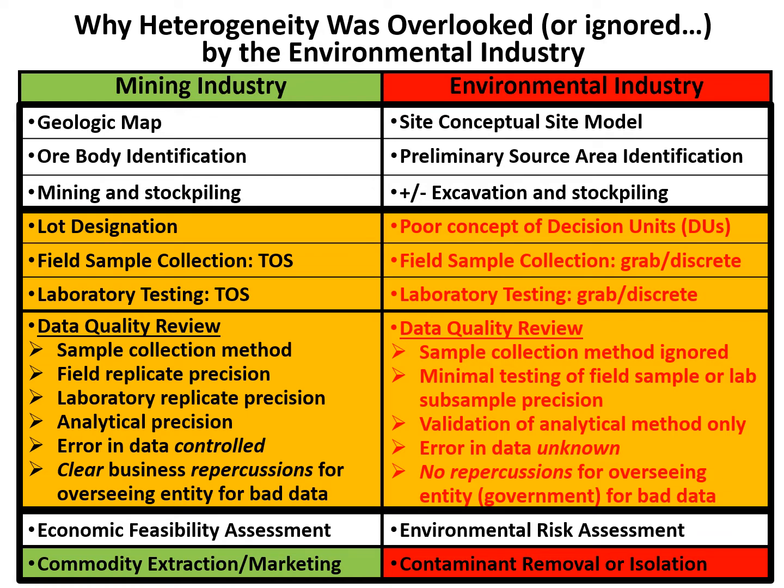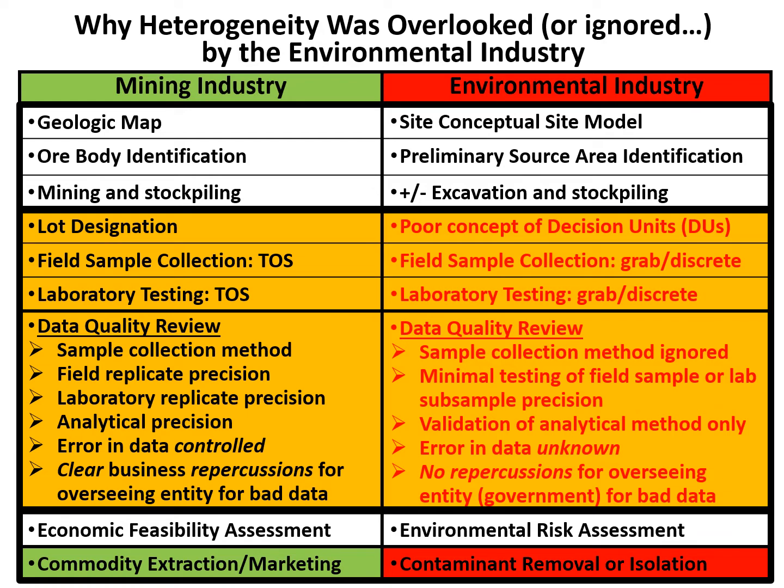A big problem with this is the data quality review. Again, in the environmental industry, the way the sample is collected in the field is typically ignored. There's very minimal testing of field sample or laboratory subsample precision. At best, they'll do duplicates. What do you do when your two numbers totally disagree with each other? Instead of thinking, well, gee, maybe I didn't collect the sample properly, they typically just go with the highest concentration and call this conservative.